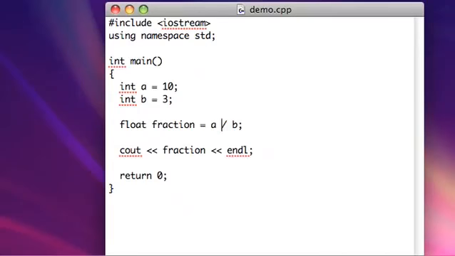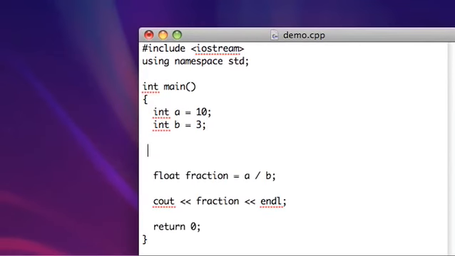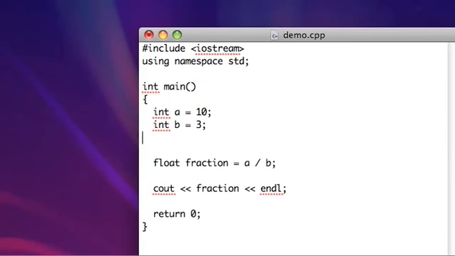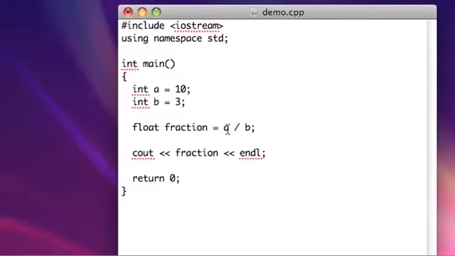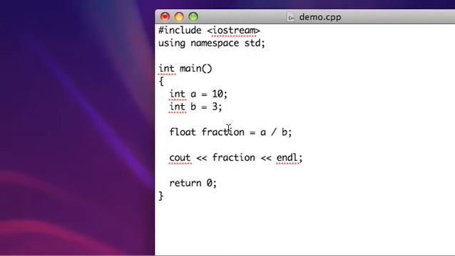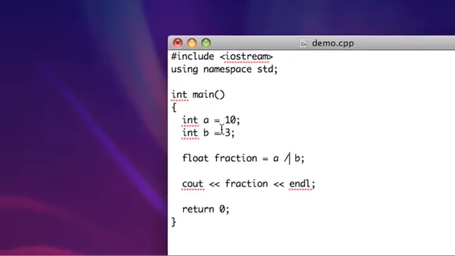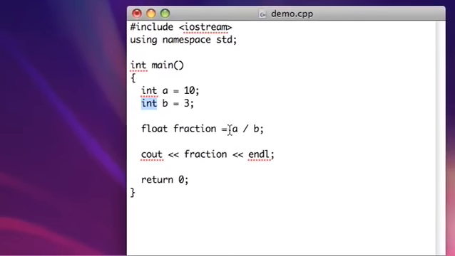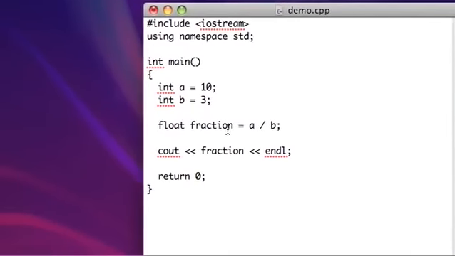Binary, by the way, for operators just means that you have two numbers in your little expression here, unlike a unary operator, which would be like a plus plus. It only has one parameter, while a divided by b has two. So anyway, this fraction is coming out as a whole number because both of these are integers, and so it's going to return an integer to fraction.